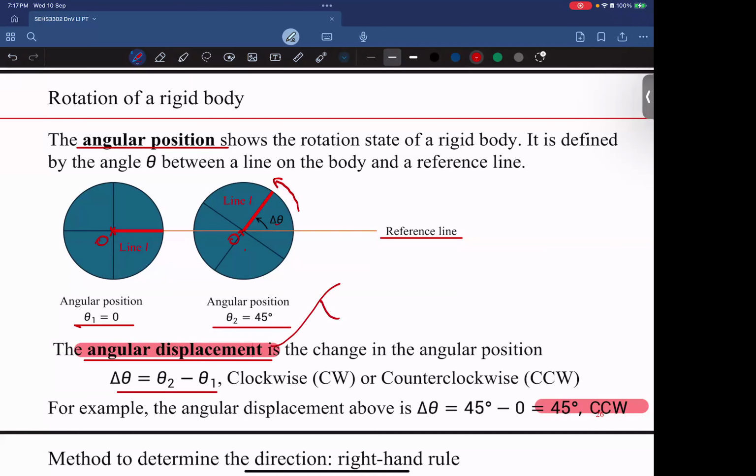So we should emphasize for this angular displacement, it has its magnitude, which is 45 degrees. It has its direction, which is counterclockwise or anti-clockwise. So this is a vector. If this is a vector, there must be an arrow, right?